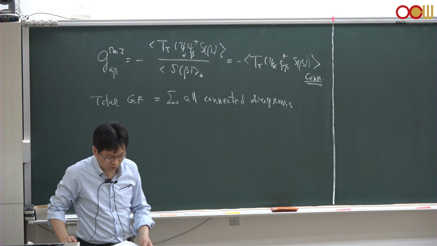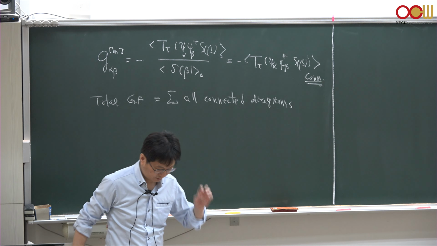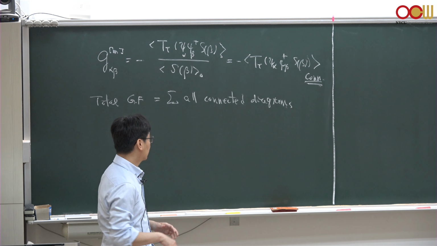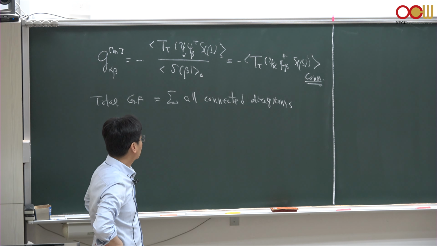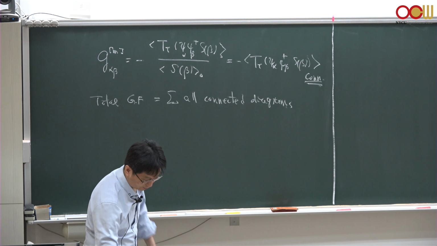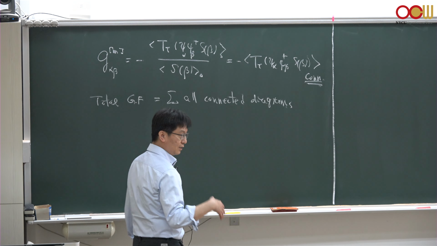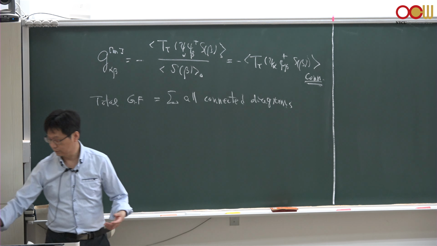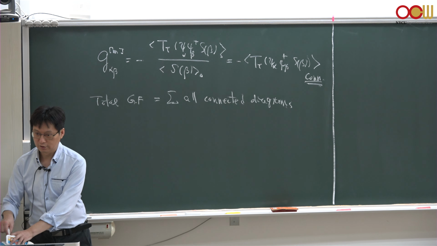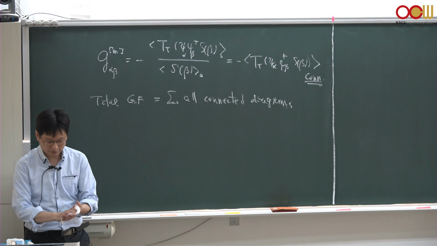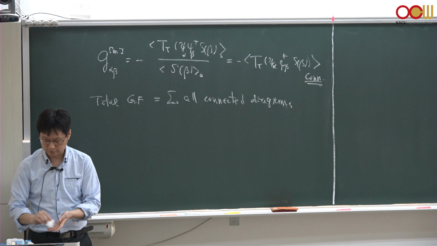At the lowest order, it is doable because there are only a handful of diagrams that we can construct. This is the thing that we will discuss next time. We can even consider up to 2nd order, and in some cases 3rd order is also doable. Okay, so this greatly simplifies the calculation.